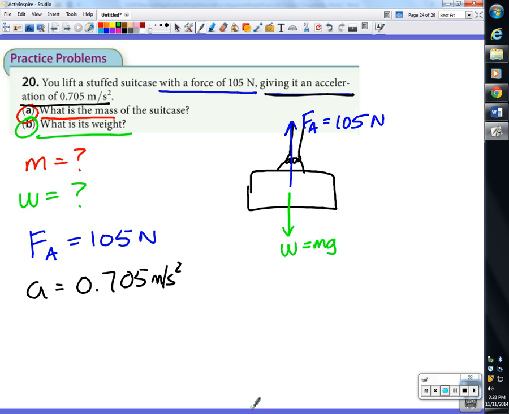But in this problem, we don't know m, so we really can't figure that out. However, if we're lifting it, I'm going to add a little bit of detail to this problem.